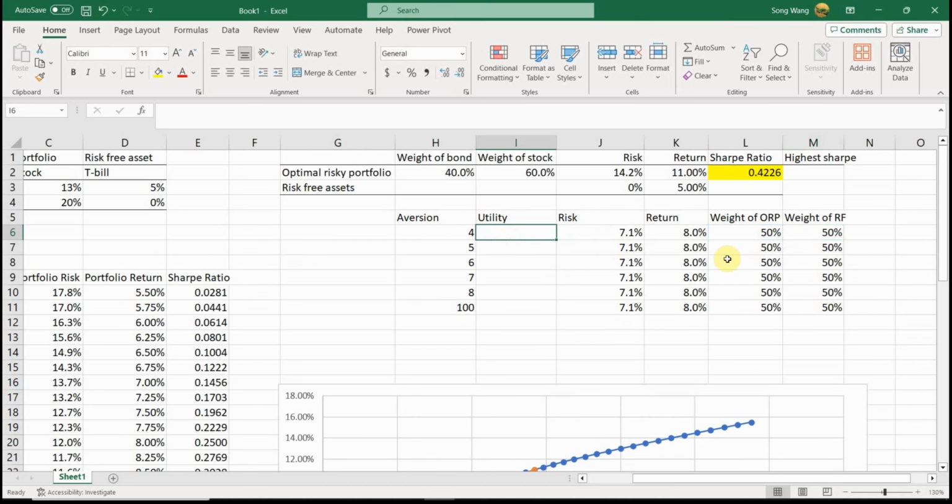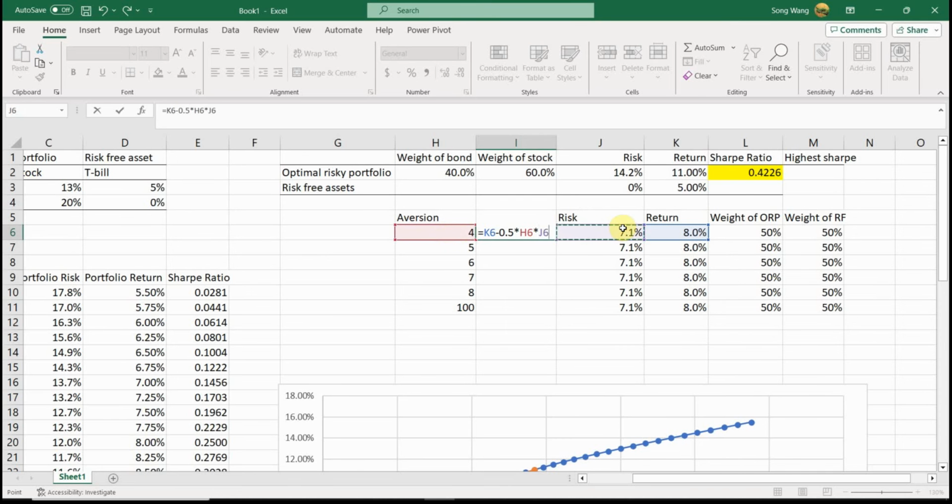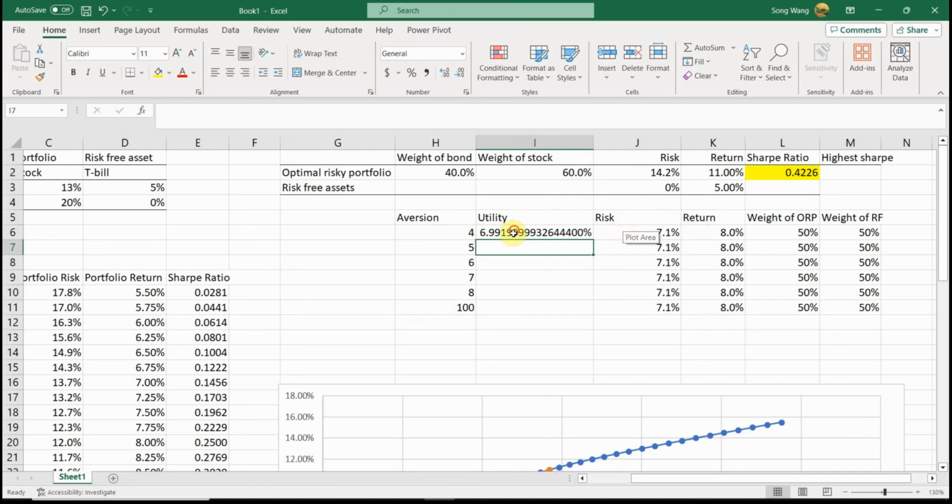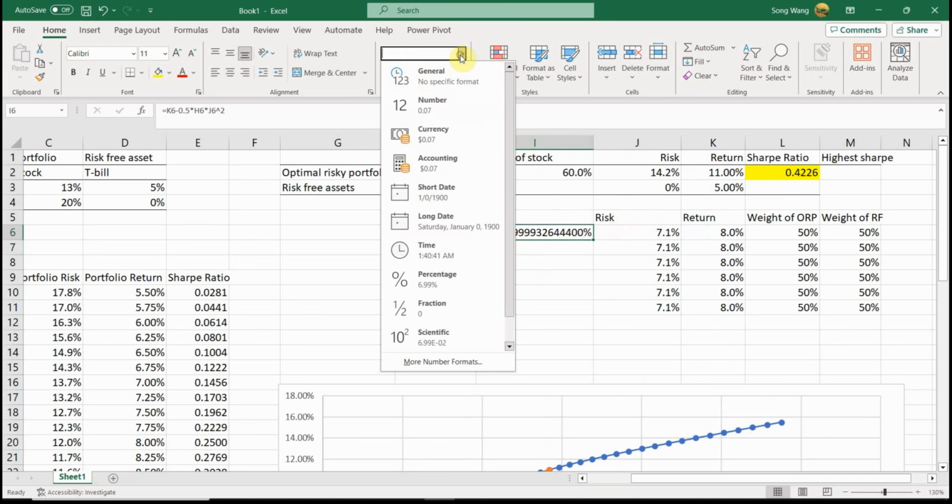To get the utility, you would need to incorporate the return as the first factor minus half of the aversion indicator times the risk squared. And you want to make it a number.